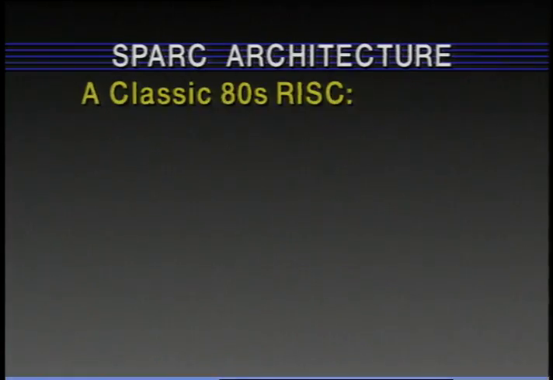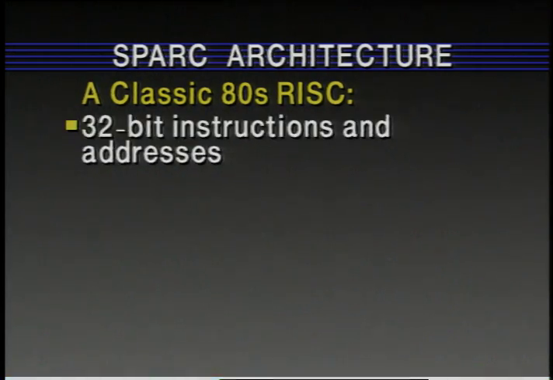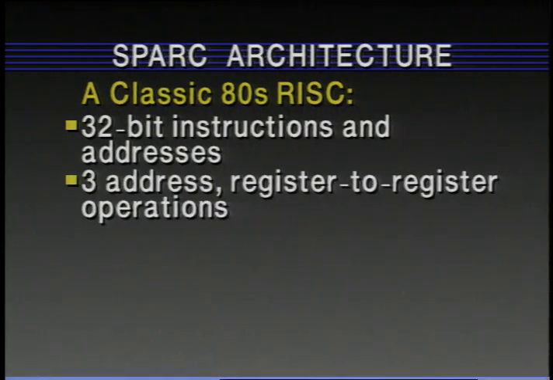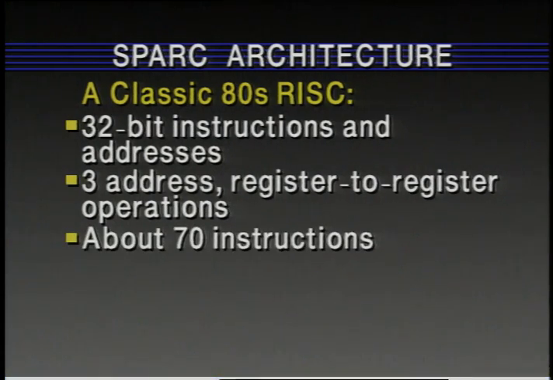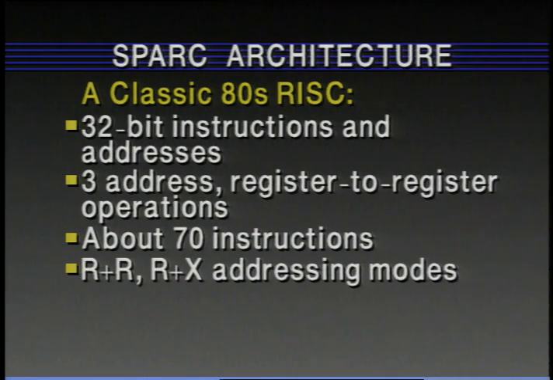When we review the SPARC architecture, it's somewhat of a classic 1980s style of RISC. It had 32-bit fixed length instructions and 32-bit addresses. Operations were done using a 3-address register-to-register style format. There are only about 70 instructions in the initial definition of SPARC. There are two simple addressing modes, register plus register and register plus offset.